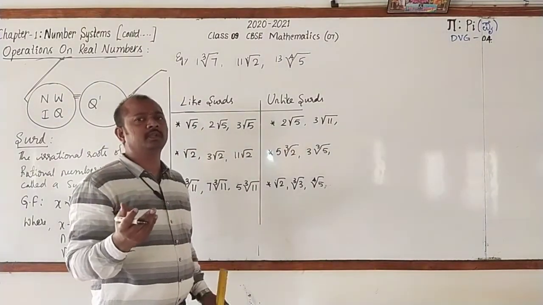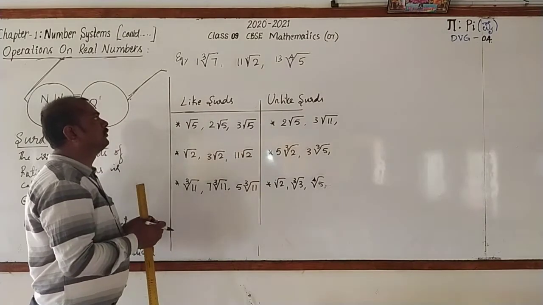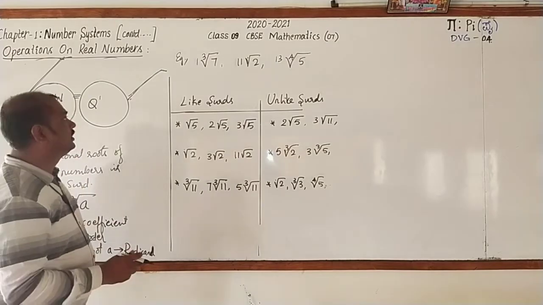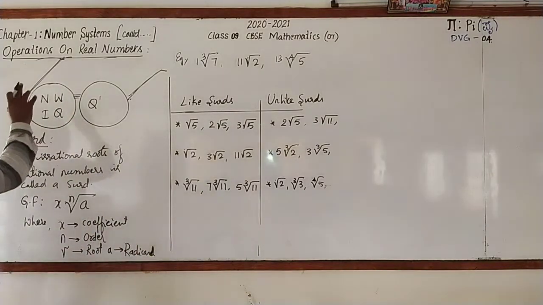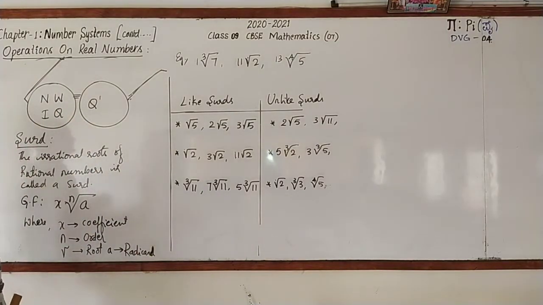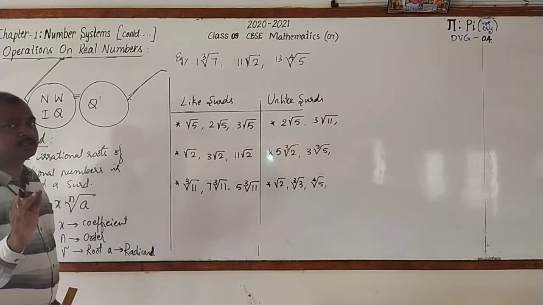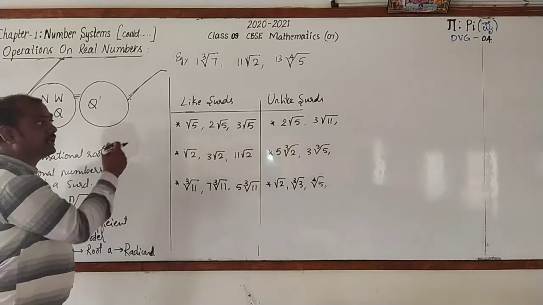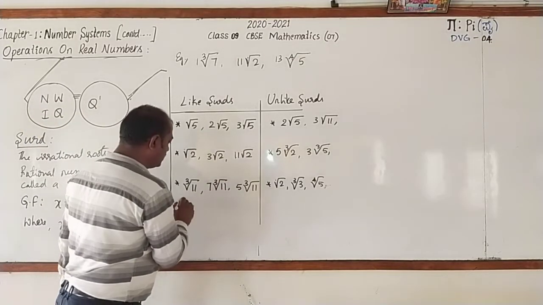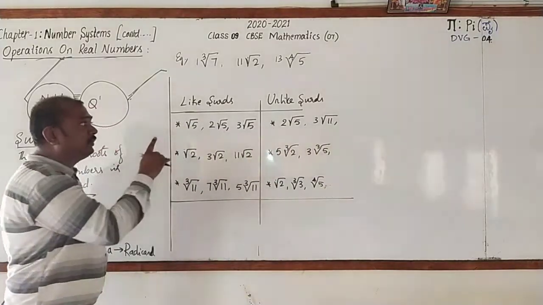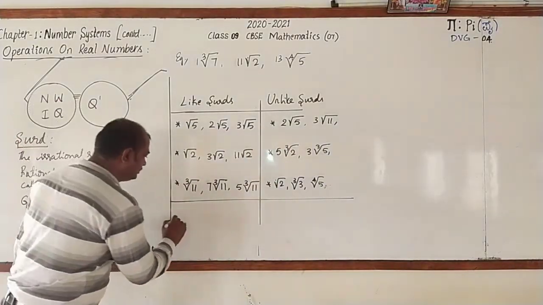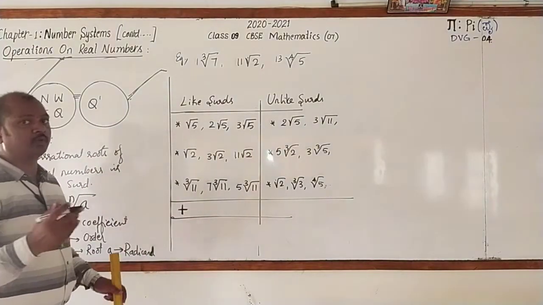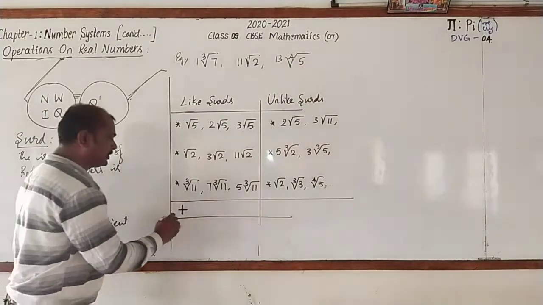I think you may be wondering what is the necessity of knowing like surds and unlike surds. Dear students, as we have the heading operations on real numbers, so far we have covered operations up to rational numbers. One more type is the irrational. That is why we need this. If like surds are there, they can be added, using the fundamental operation plus.